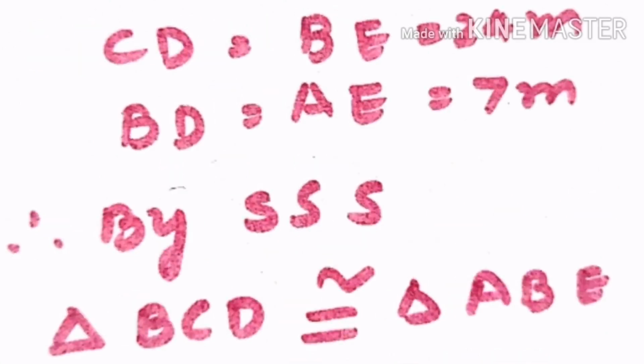I have written CD is equal to BE is equal to 24 meter, and the third side also we found as BD is equal to AE is equal to 7 meter. So you can see the three sides of the two triangles are equal. Therefore by SSS, side congruency condition, we can say triangle BCD is congruent to triangle ABE.